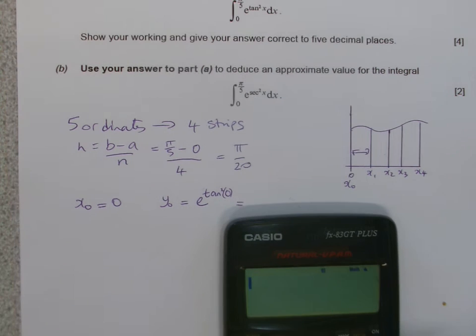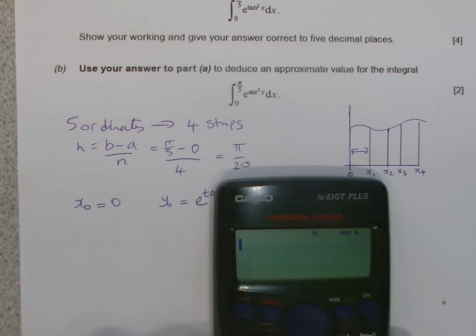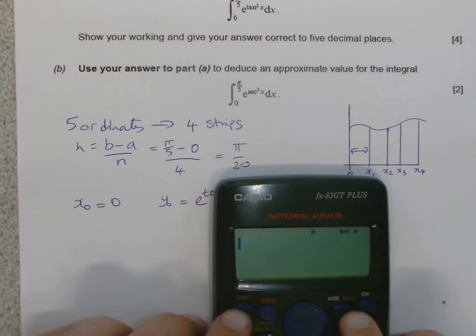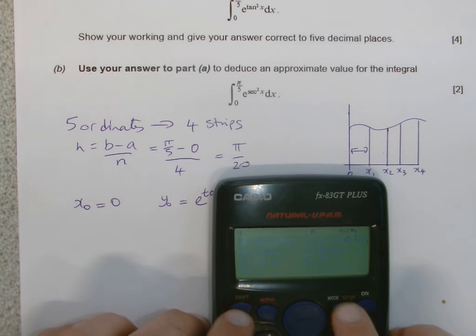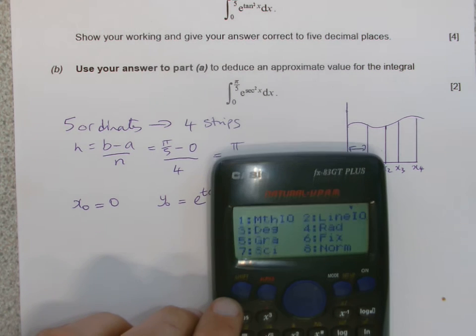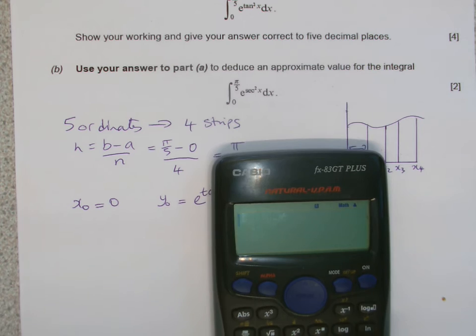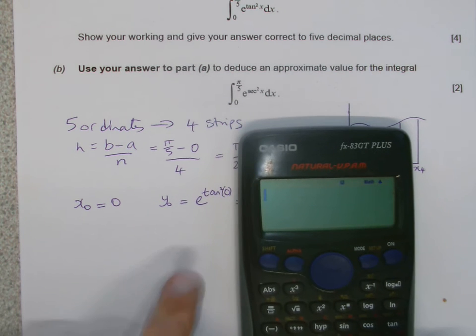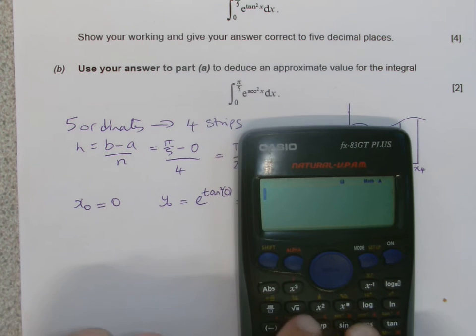Now it's important that your calculator is in radian mode, okay? When you're doing integration, so shift set up there, and then we press radians, which is number 4. Okay, so that's sorted out. We're in radian mode. So to type this in, I'm going to put shift E there, right?